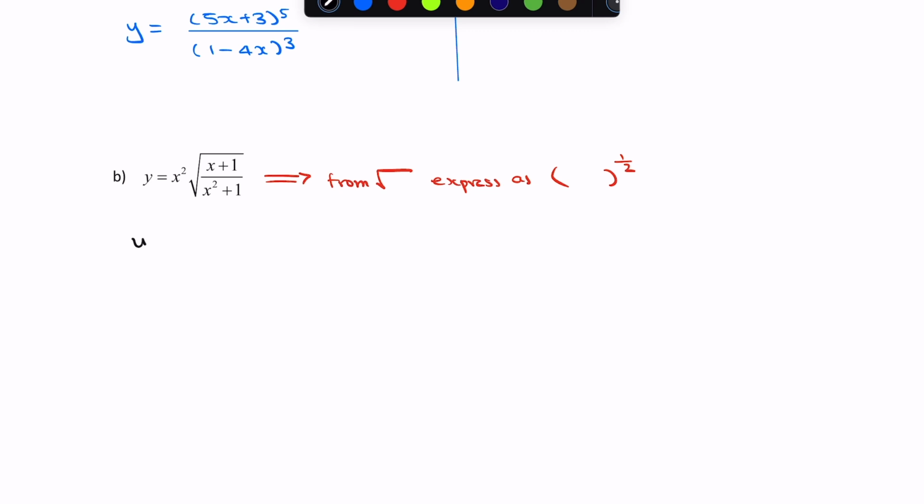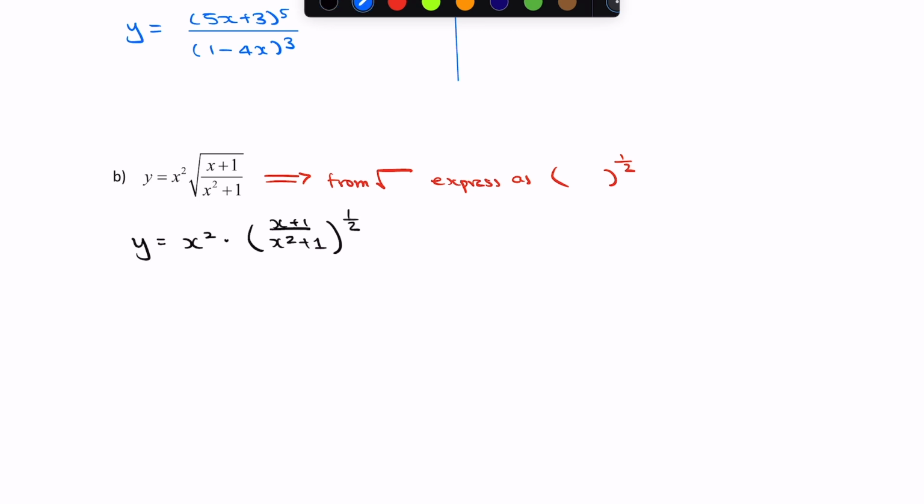So if we rewrite the expression, y is equal to x squared times x plus 1 over x squared plus 1 to the power of 1 half.